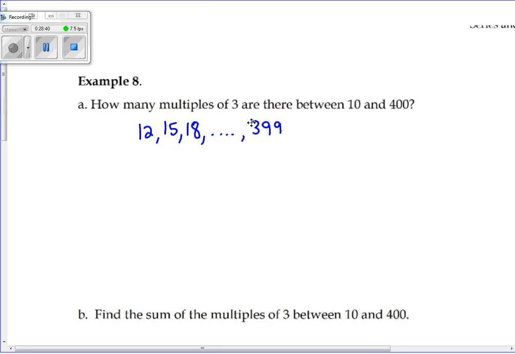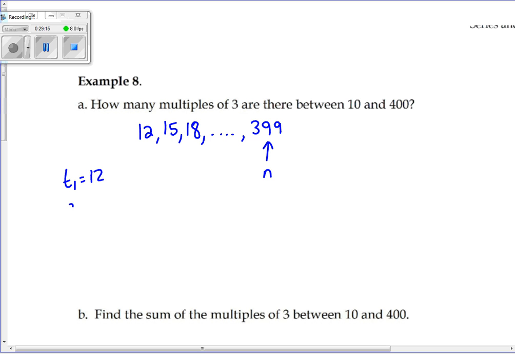Okay? So this question we're solving for what? How many multiples? What is n? We're going to use our last term, 399, right? First term you'd use as 12.